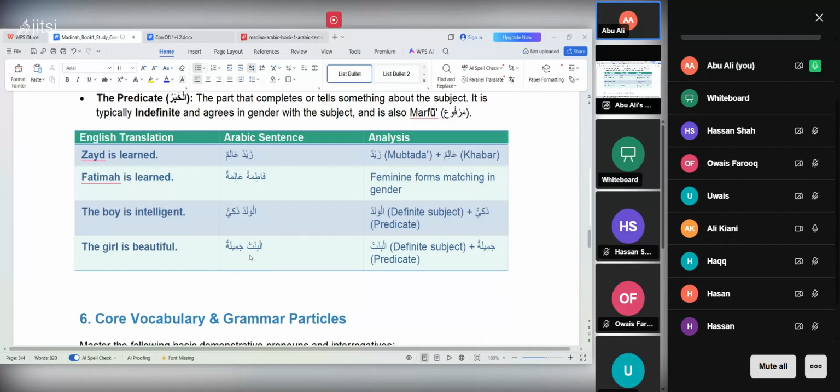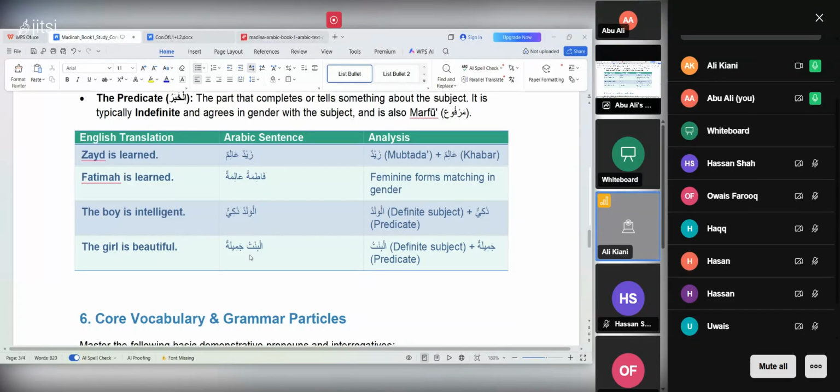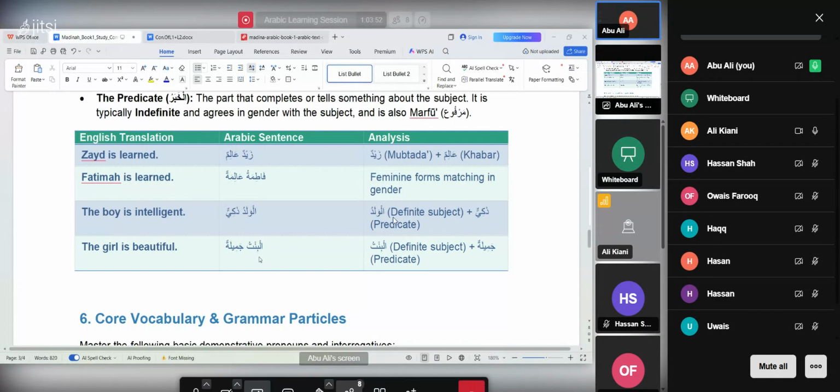The name, Zaid. I'm sorry, no. I'm asking about the nominal sentence. Which part of the nominal sentence is definite? You say مبتدأ. I said, which part is indefinite? خبر. By the way, guys, it's useful for you that you memorize the Arabic names, مبتدأ and خبر. Very useful.